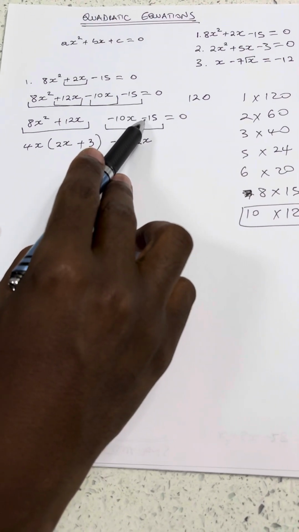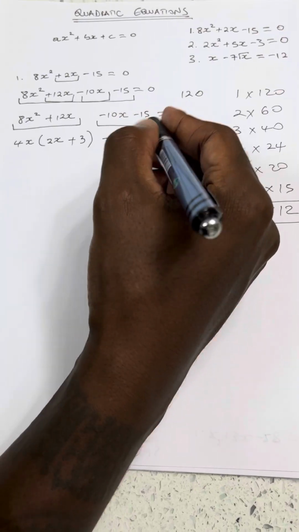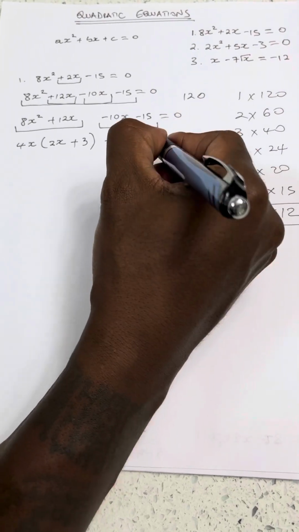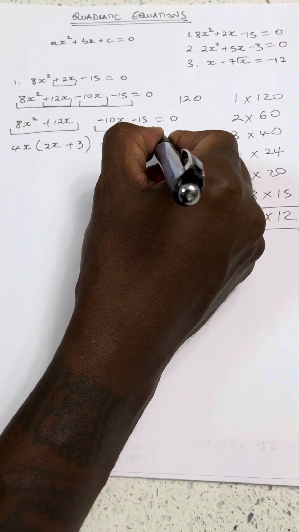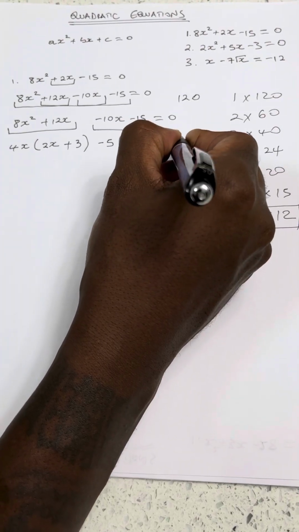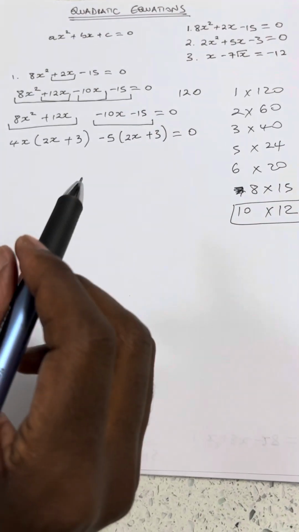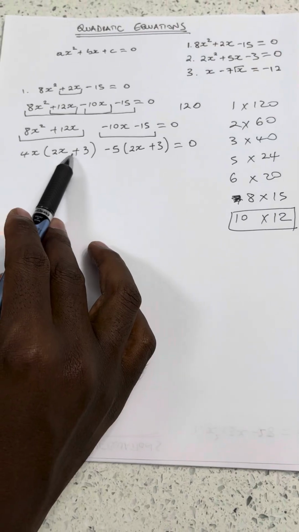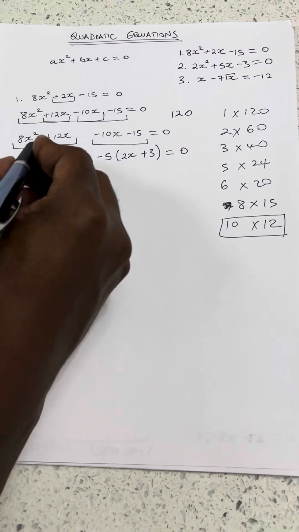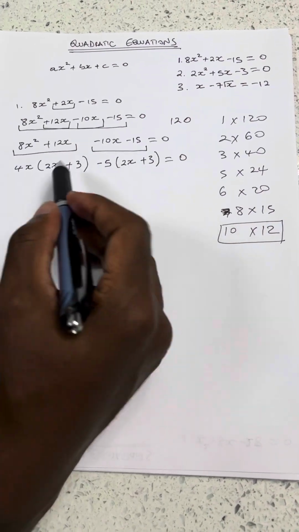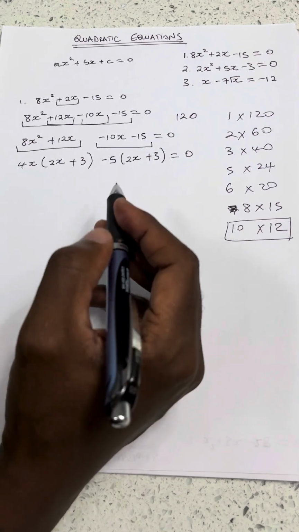When you take out negative 5 from the 15, negative 15 divided by negative 5, you get a positive 3 equals to 0. You should always have the same expression on both if you have done everything correctly.